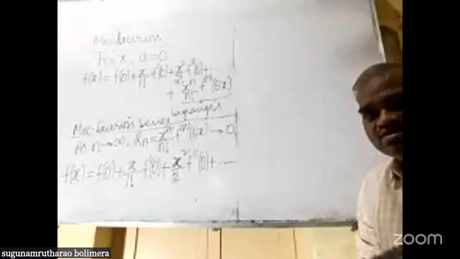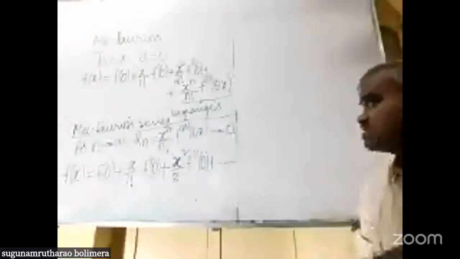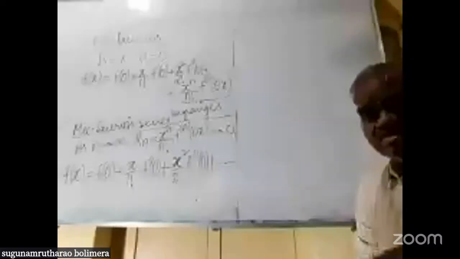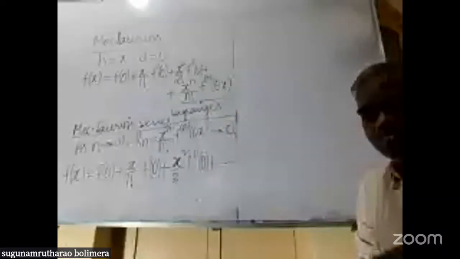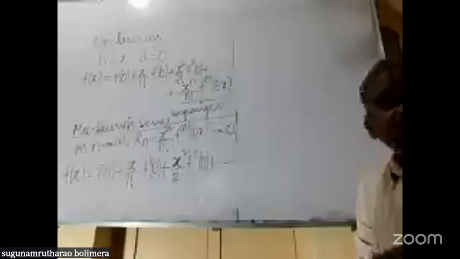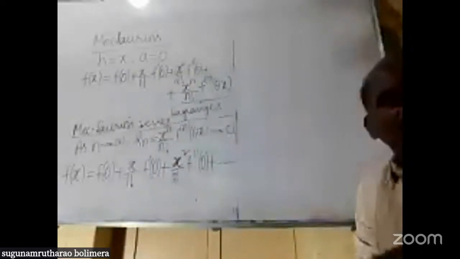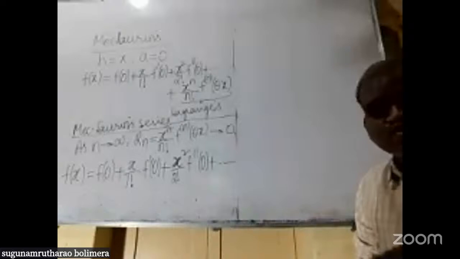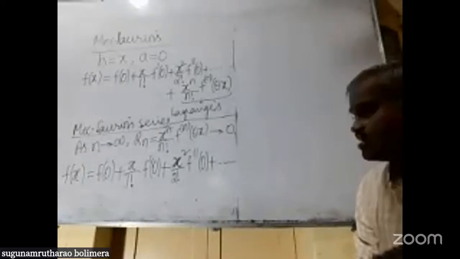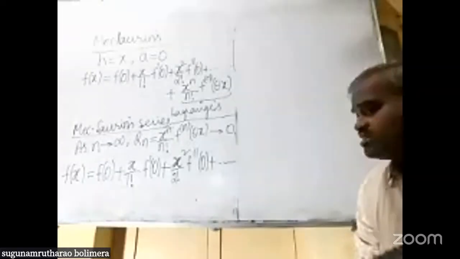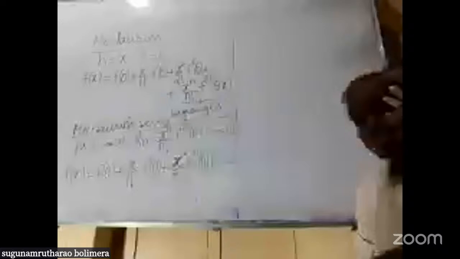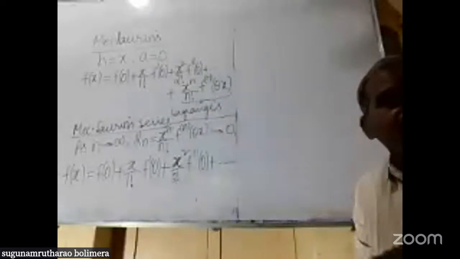The theorem contains only finite terms with Lagrange's form of remainder. But the Maclaurin series is an infinite series saying that f of x equals f of 0 plus x by 1 factorial f dash of 0 plus x square by 2 factorial f double dash of 0 plus x cubed by 3 factorial f triple dash of 0. Okay. Now based on this, you please write these now.